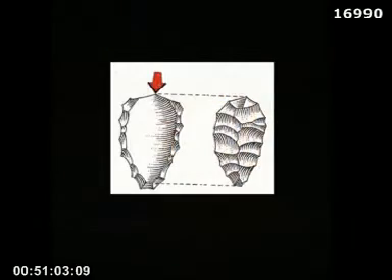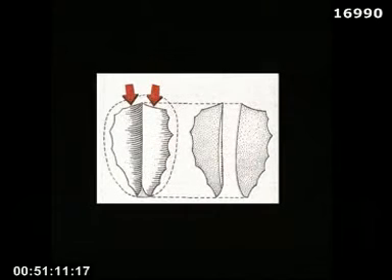The next step is to prepare a flattish place called the striking platform by removing minute flakes on the core, preferably at the end point perpendicular to the axis. Such a platform is called a faceted platform.